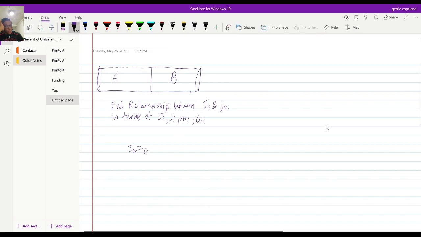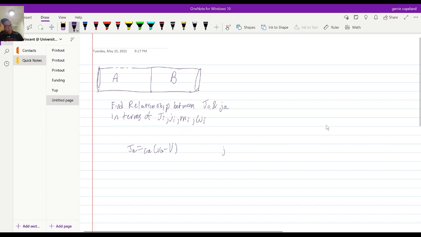The molar diffusive flux here equals concentration of A times the velocity of A minus the overall molecular velocity.